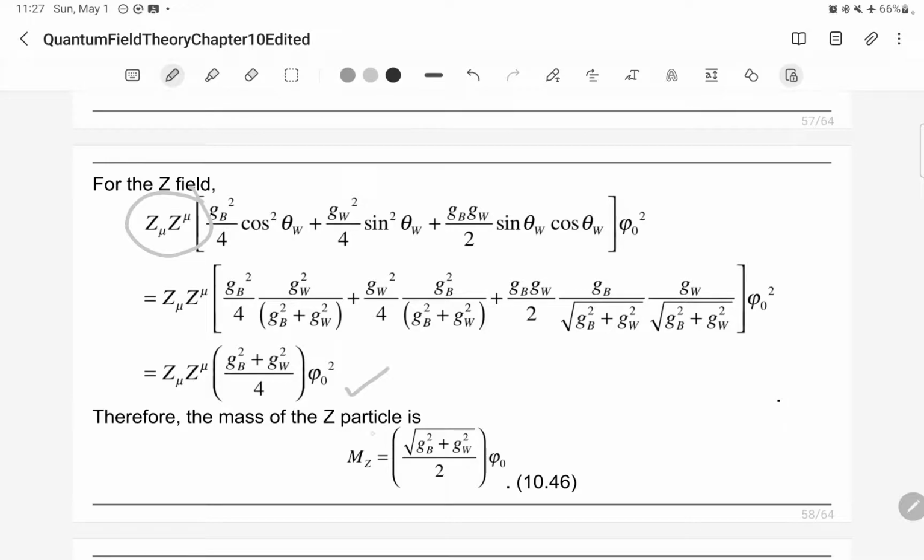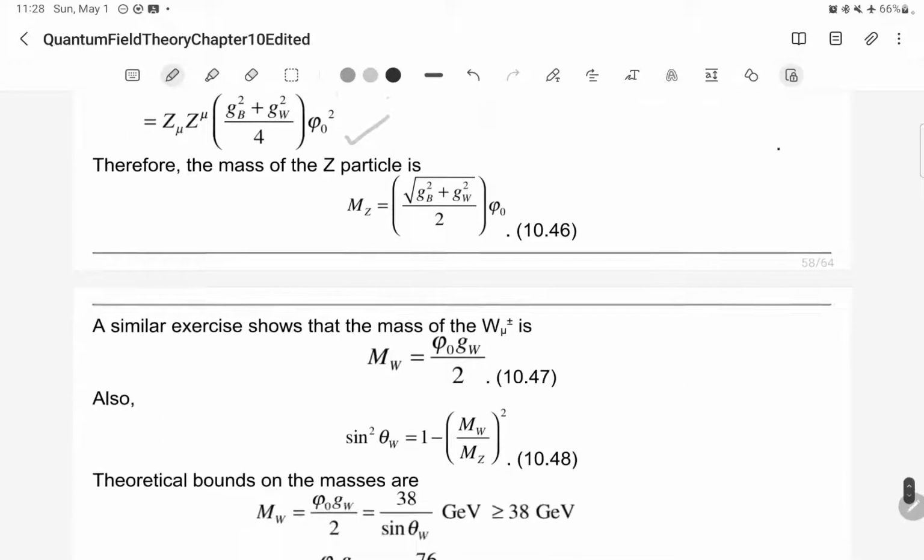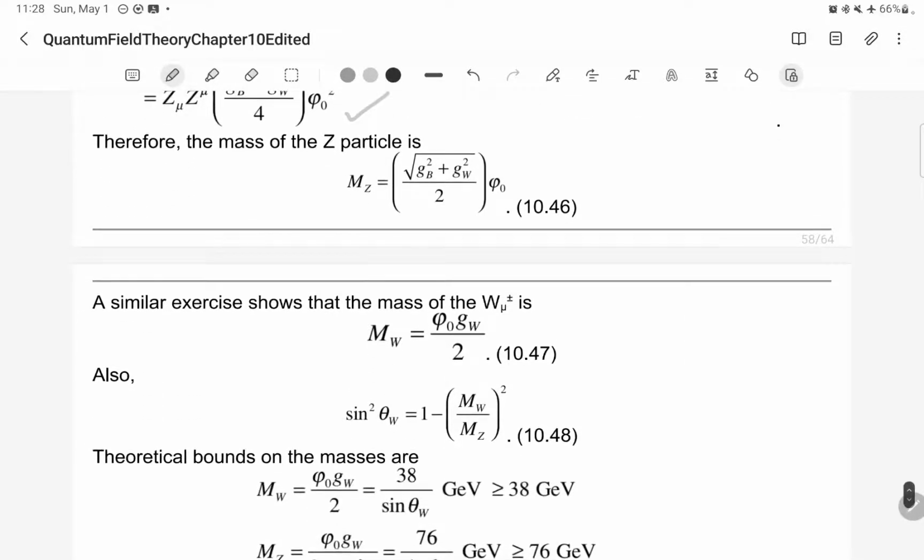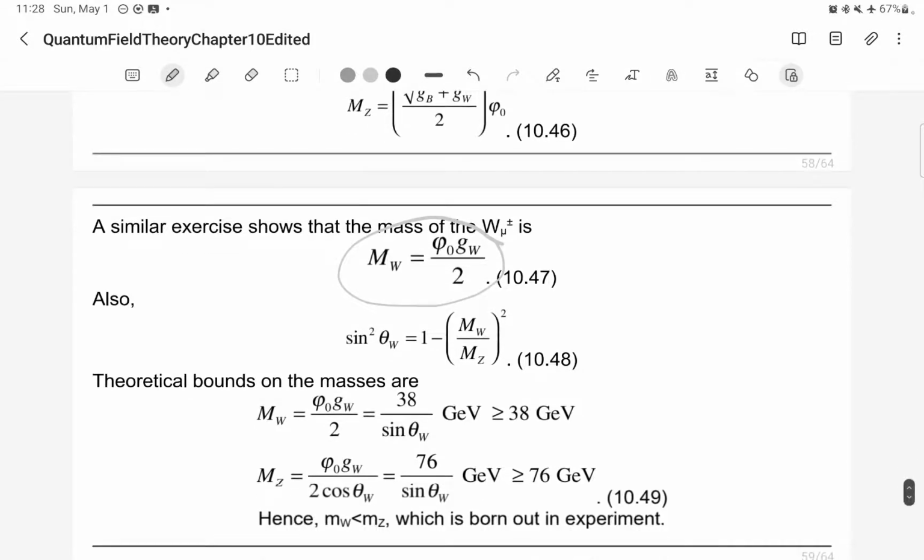So this is now the mass of the Z. And similarly for W plus W minus, the mass of the W boson would be this one. And of course, we can also find this identity here in terms of the masses of W and Z.